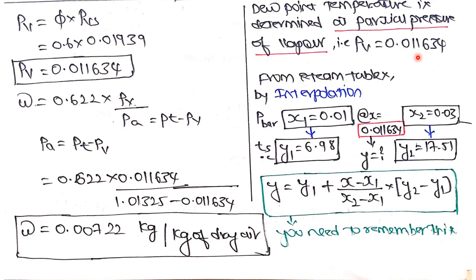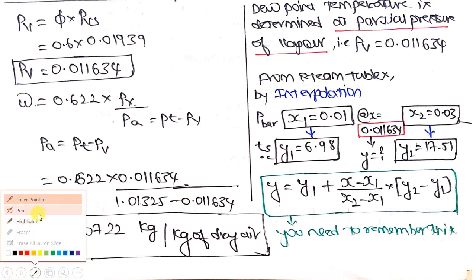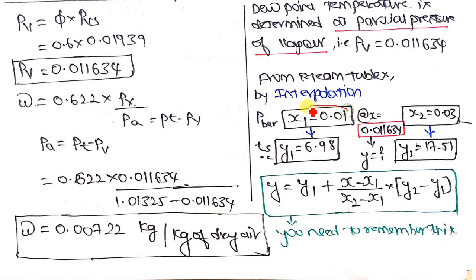If you go to the steam tables, you will have the value for 0.01 and the value for 0.03. For 0.01 it is 6.98 degrees Celsius. For 0.03 it is 17.51 degrees Celsius.